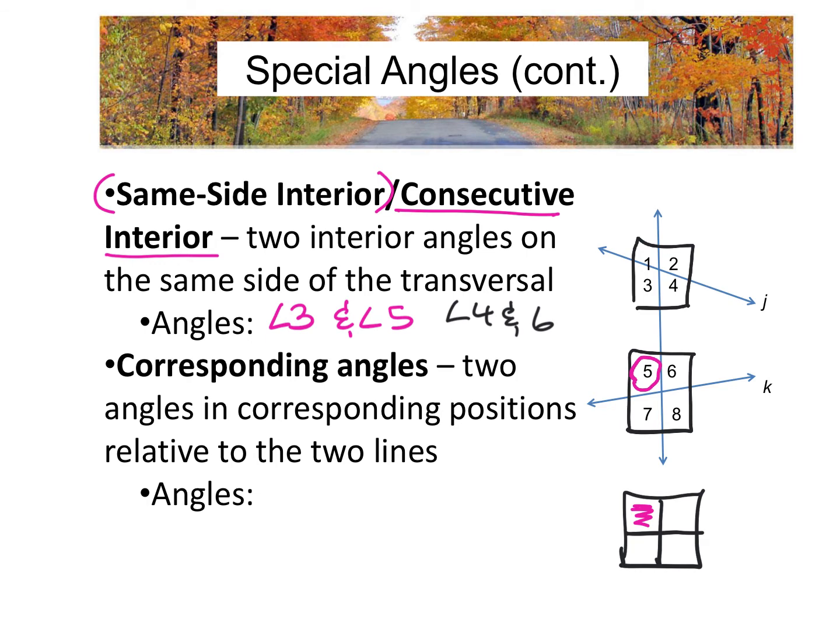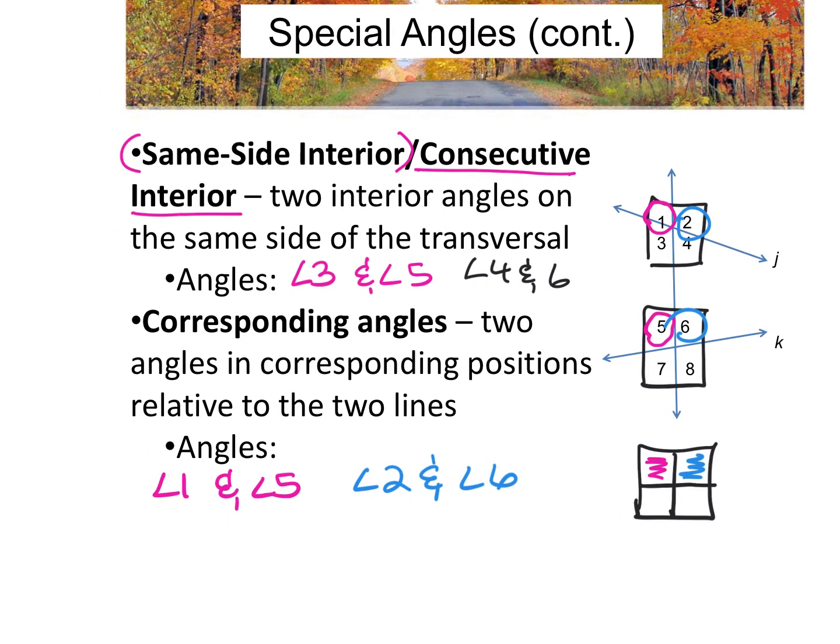So you can see 5 and 1 are in that top left, so they would be corresponding. So 1 and 5 together. And then now the top right, that would be 2 and 6. And then we could say bottom left.